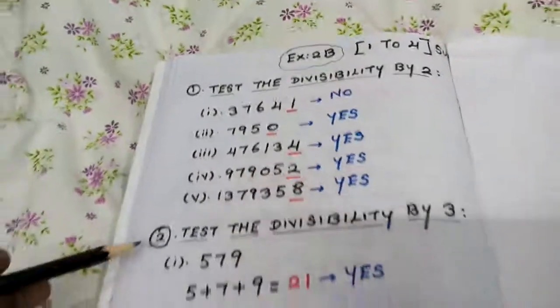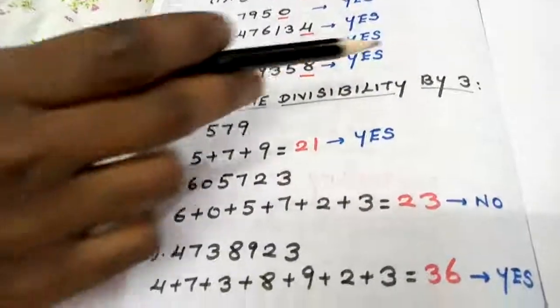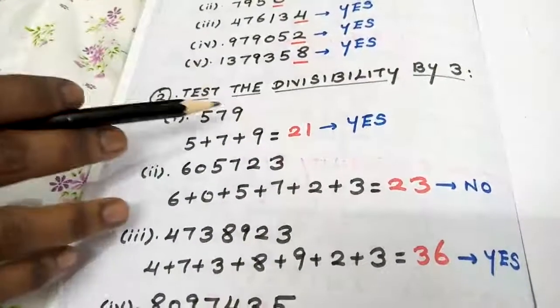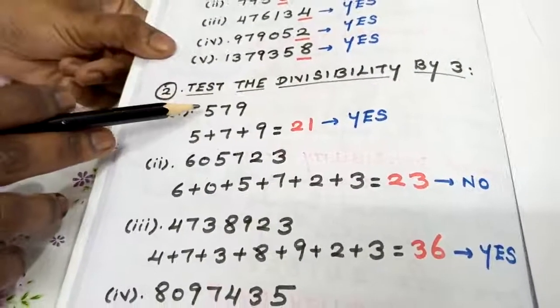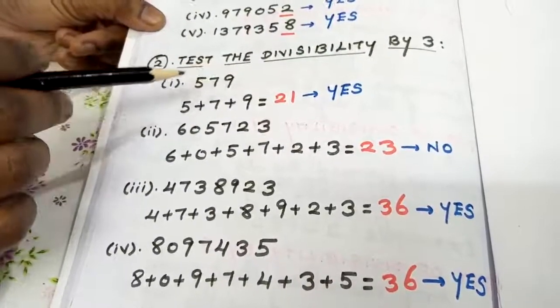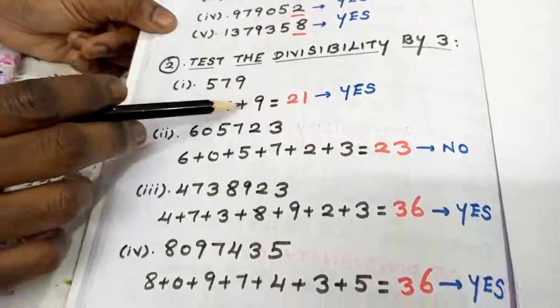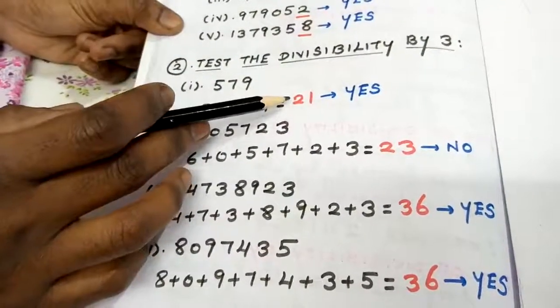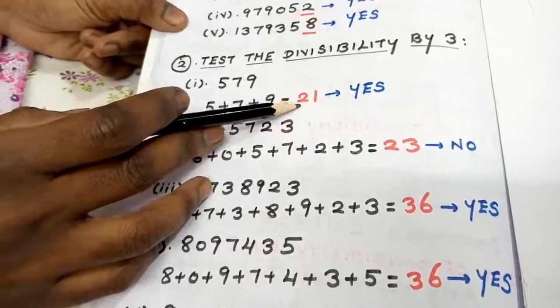Coming to the test of divisibility by 3, second question. The rule is, if you have a number, you find the sum of digits. 5, 7, 9 means 5 plus 7 plus 9. So you will get a value here, students. The value is 21.